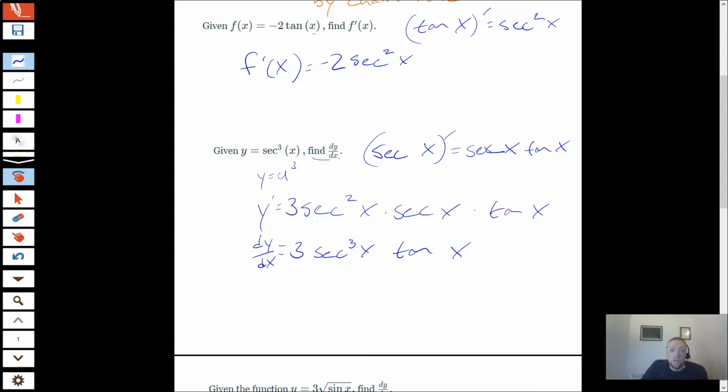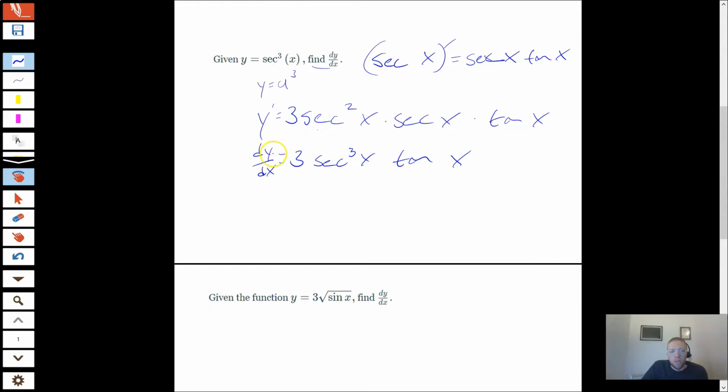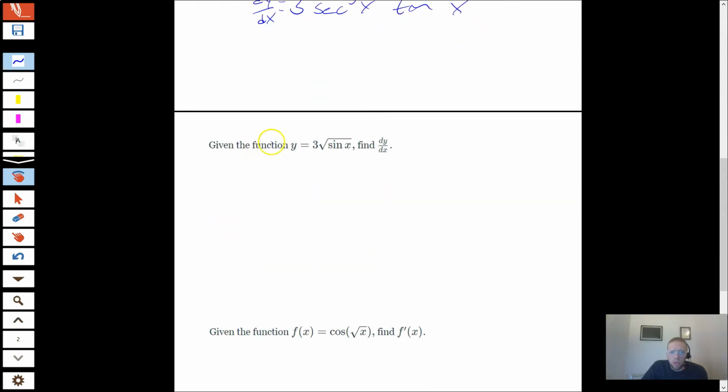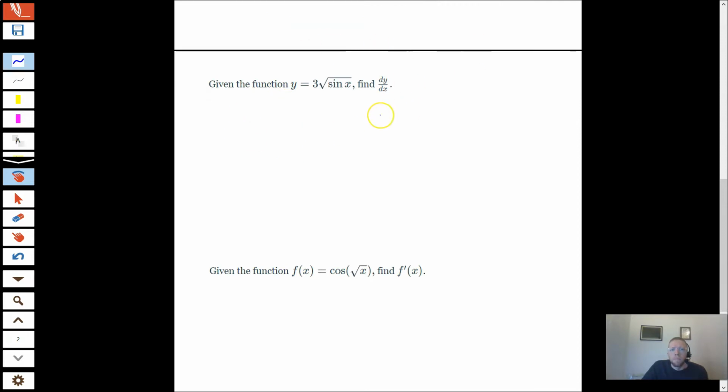Okay. So there are a few examples. We're going to move on to some slightly harder ones here. Really, we're just using our trig rules and the chain rule. All right, so this one, the derivative of sine is cosine. That one's a really easy one to remember. Okay.